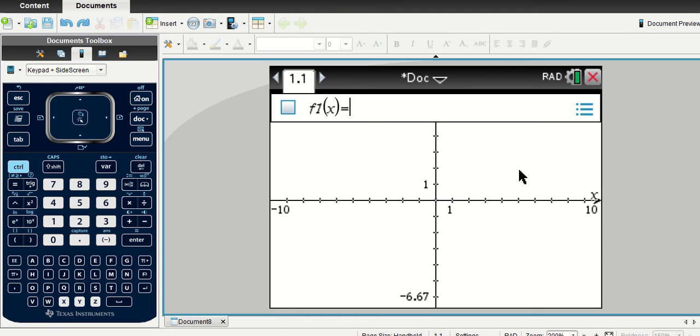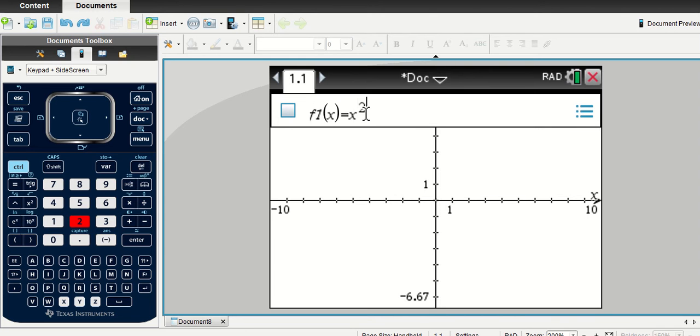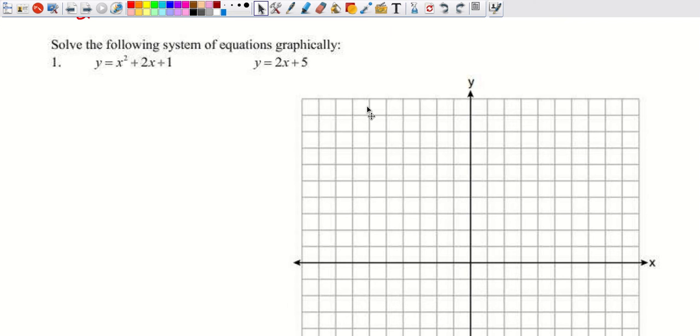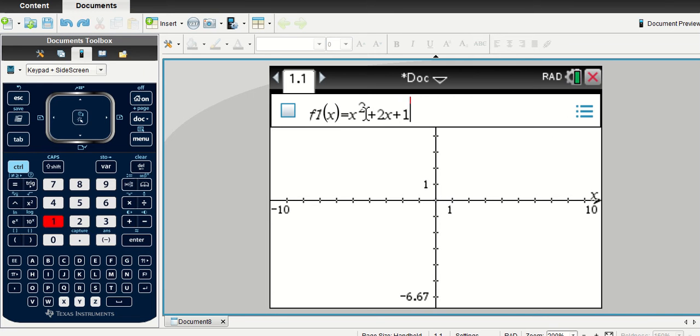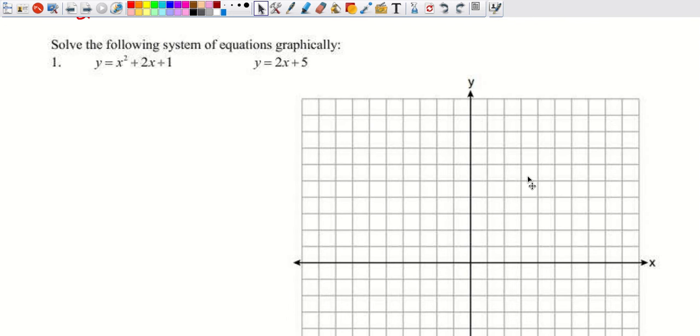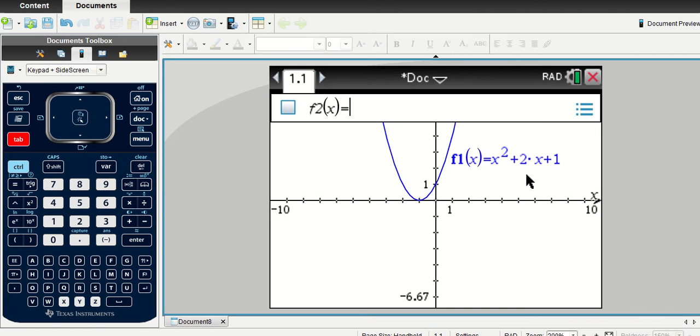So we're going to grab our calculator here. We know it's x squared, plus 2x, and then plus 1. And there's our parabola. And then our line is y equals 2x plus 5. So we're going to press tab to bring that down, 2x plus 5.